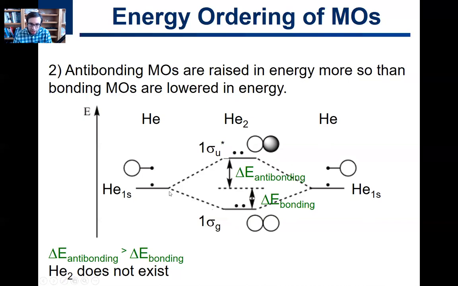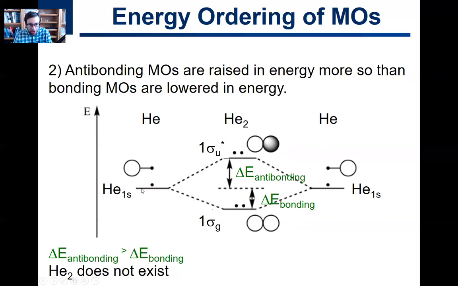But suppose you try to do this, you're gonna have 2 electrons in each helium atom. And so now you have 2 electrons each, and you're gonna put 2 electrons in the bonding orbital, 2 electrons in the anti-bonding orbital. And the way this is written correctly, with the anti-bonding orbital being raised up higher in energy than the bonding orbital is lowered, you're going to have a less stable system overall, right?